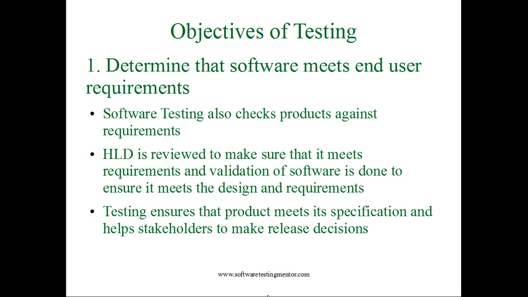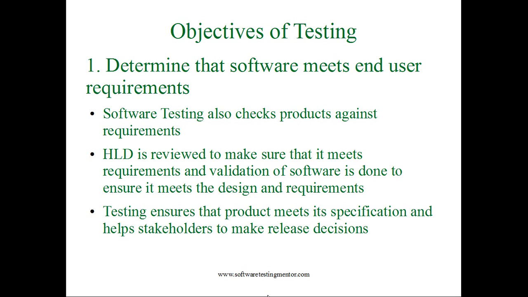So software testing checks products against requirements. Then the high level design is reviewed to make sure that it meets requirements, and validation of software is done to ensure it meets the design and requirements. Software testers in the first phase review the requirements. Then in the design phase of the software development lifecycle, when the design document is ready, they review the design document to ensure that it meets the requirements in the software requirements specification document.